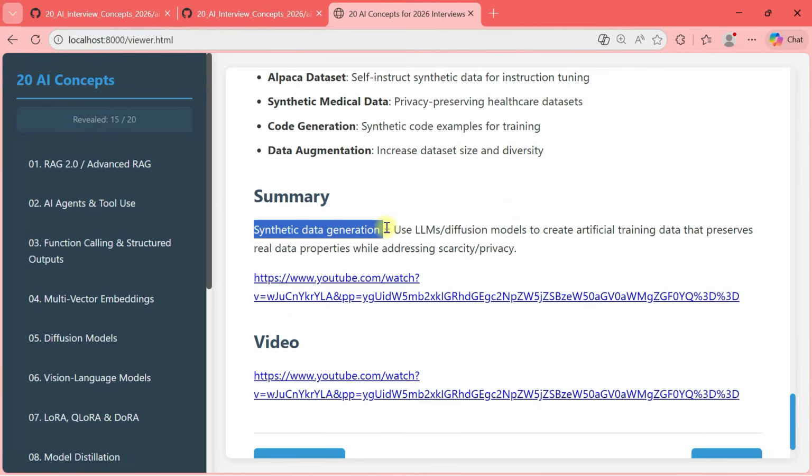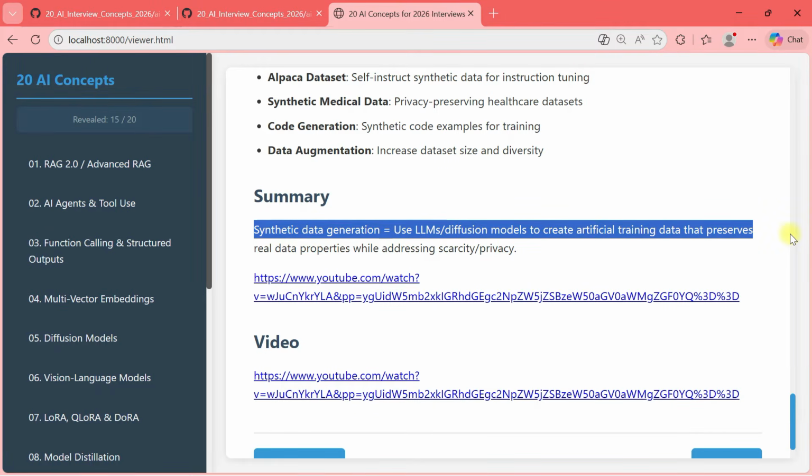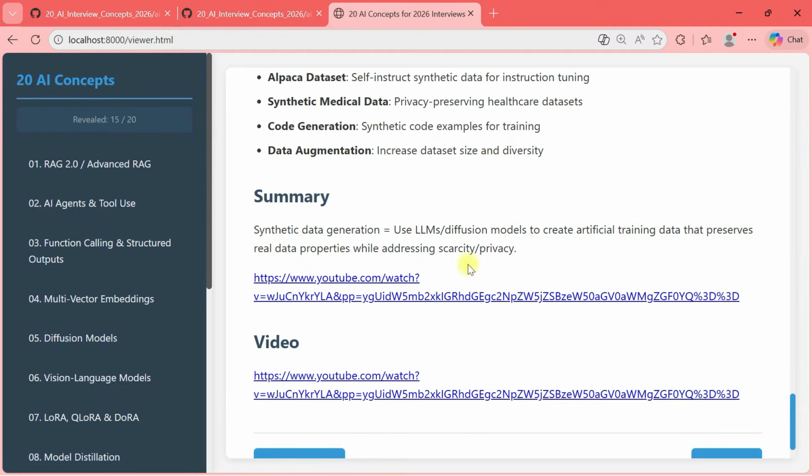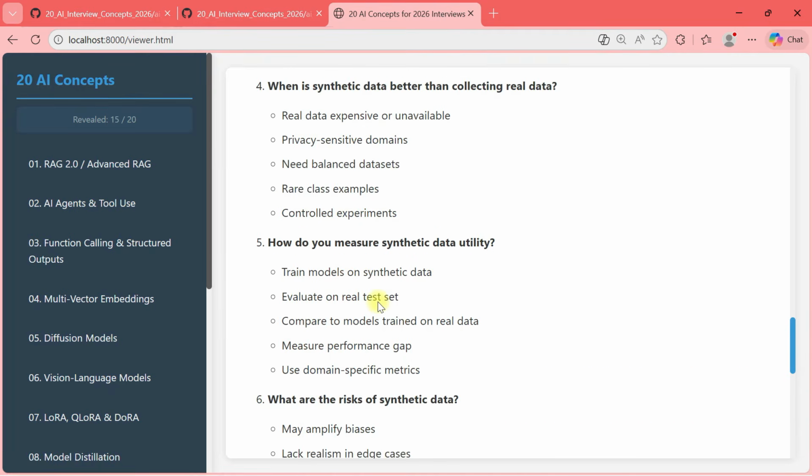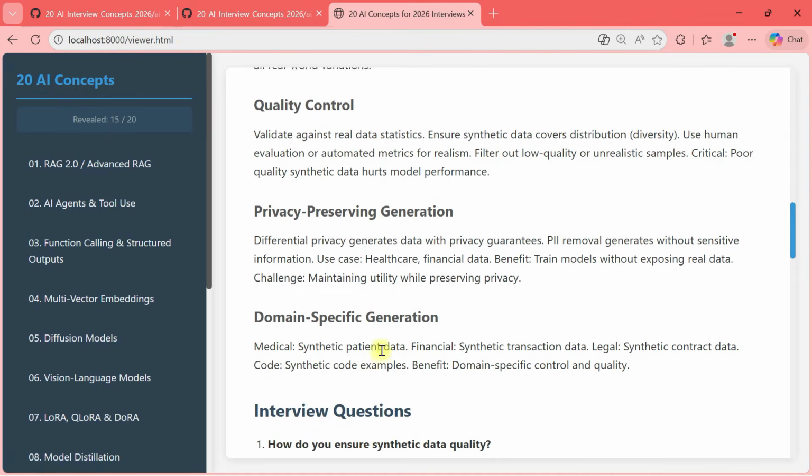Synthetic data generation uses LLMs and diffusion models to create artificial training data, often preserving real data properties while addressing scarcity and privacy. These videos you can see, I have spoken explicitly about this topic. Real world applications, some data is given here that you can read about, and interview questions.